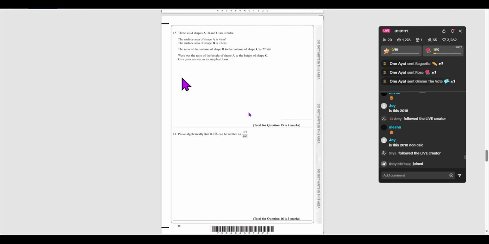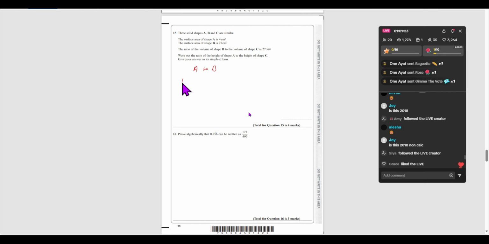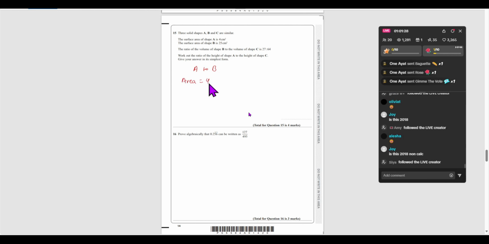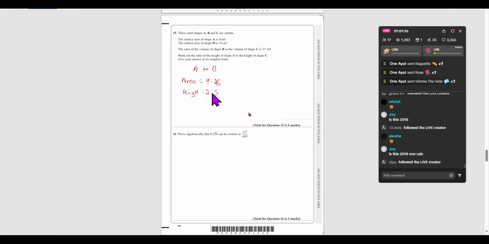Now, first we're going to write the ratio from A to B. The ratio of the areas of A to B is 4 to 25, as it says in the question. And the ratio of the lengths will be 2 to 5, okay?